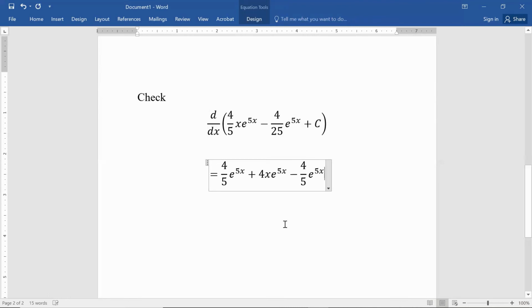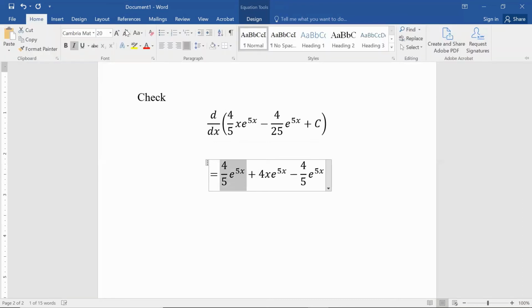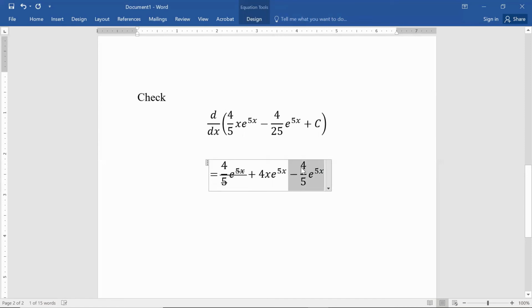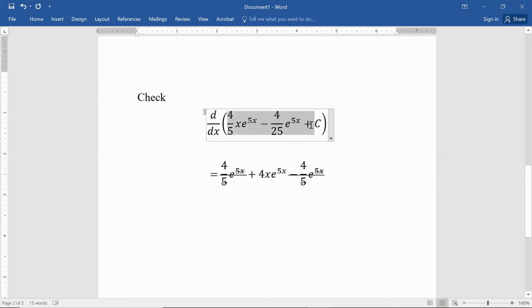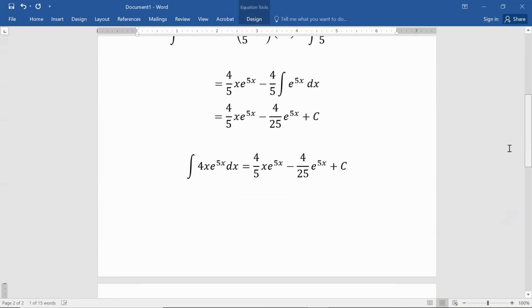Notice what's happening. Of these three terms, this term here is canceling out with this term here. And you're just left with the 4x e to the 5x as the derivative of this function, which means this function is the integration of 4x e to the 5x, which is exactly what we just said here.